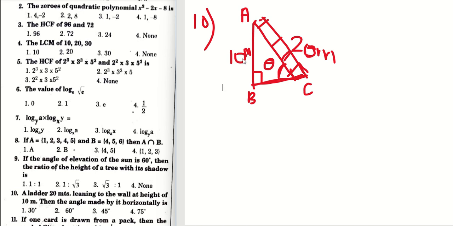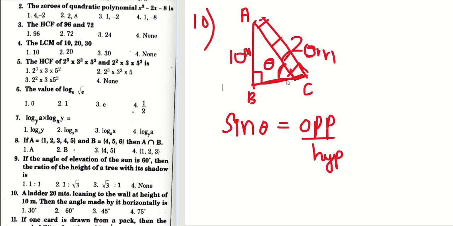Obviously opposite by hypotenuse. What we learned in the conceptual video. Opposite and the hypotenuse will give you what? Sine theta. So sine theta is nothing but opposite by hypotenuse. Right? So as you know, for theta, the opposite side is opposite and this is the longest side, opposite to the right angle, always called hypotenuse, as we have discussed already in our conceptual videos.